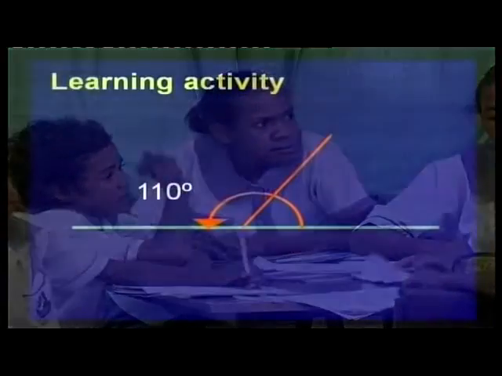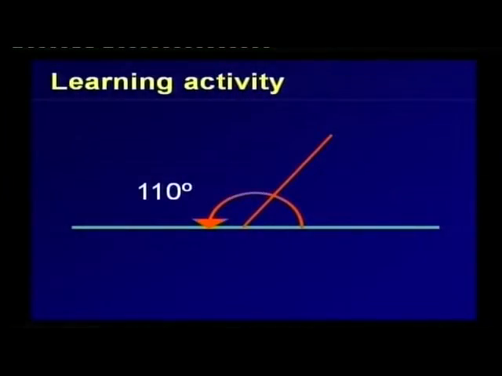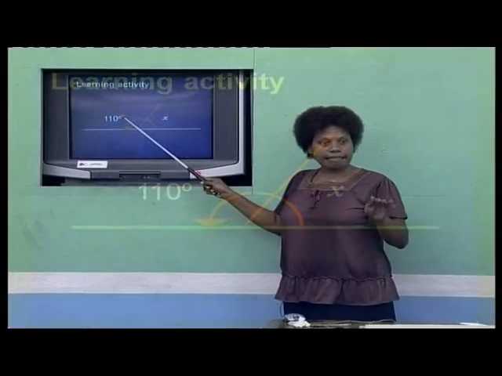If this angle, the obtuse angle, is 110 degrees, what will be this angle? This angle here, obtuse, more than 90 degrees, is 110 degrees.